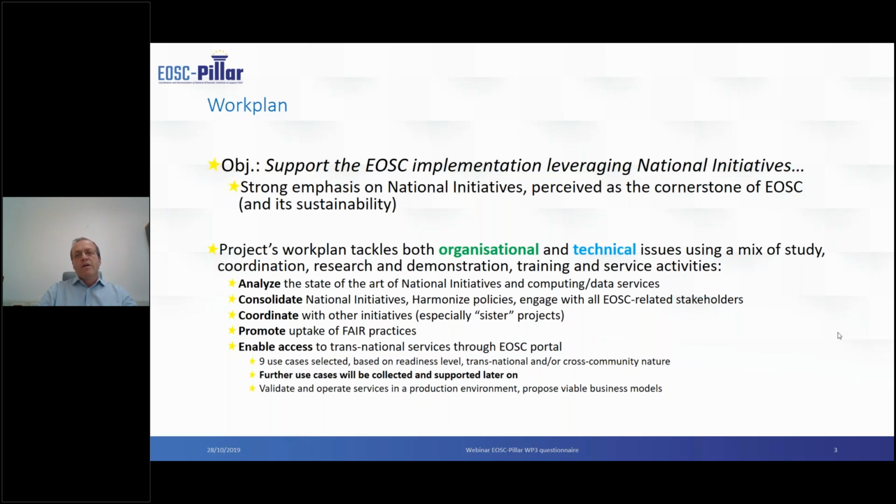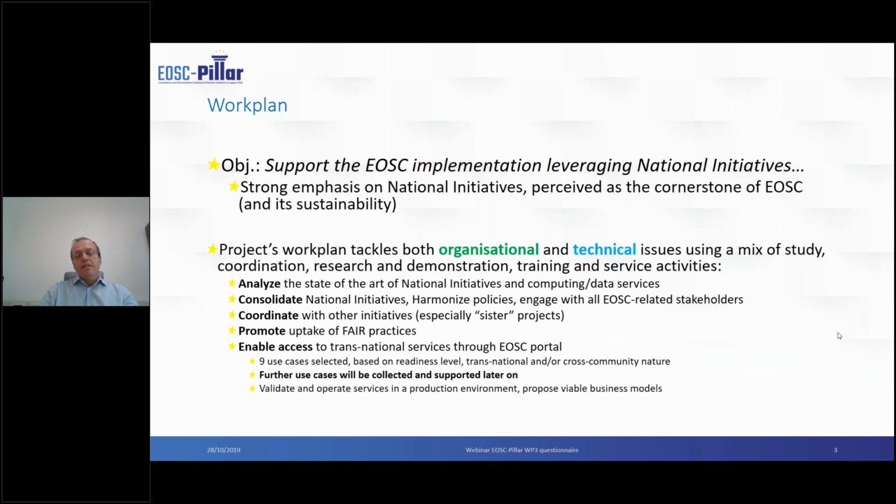And national initiatives are those tables or fora where organizations, research infrastructures, e-infrastructures at the national level sit. We believe these are crucial in the sustainability of the EOSC because they are the natural link.